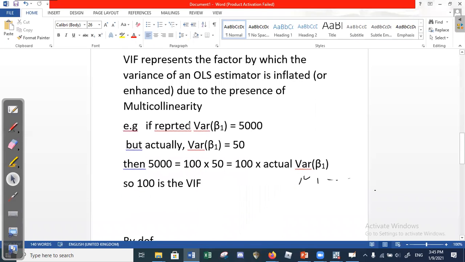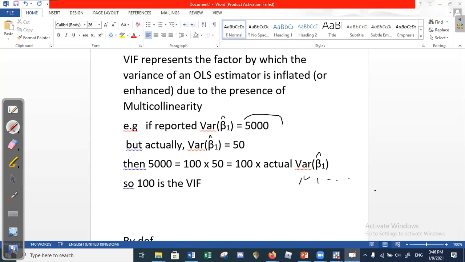For example, just a hypothetical example, suppose you fit a model and the reported, which means estimated, variance of beta 1 hat, which is actually the square of the standard error, is 5,000.